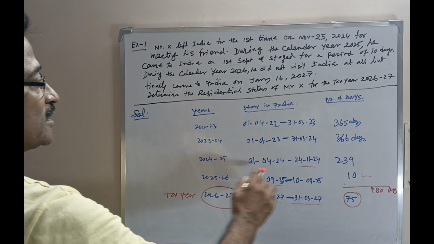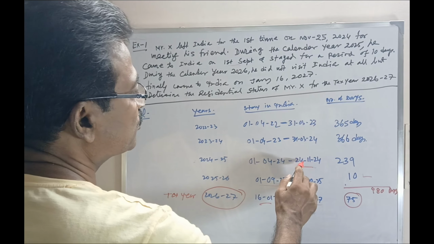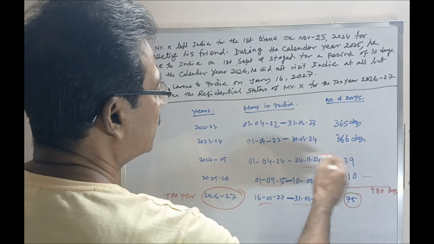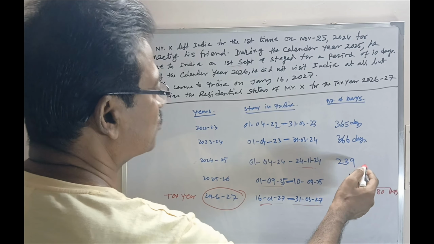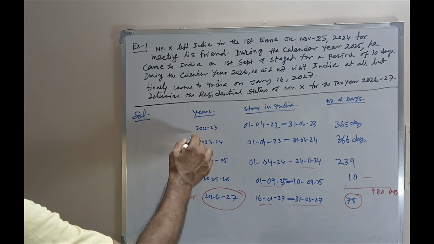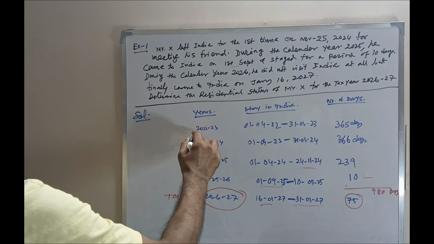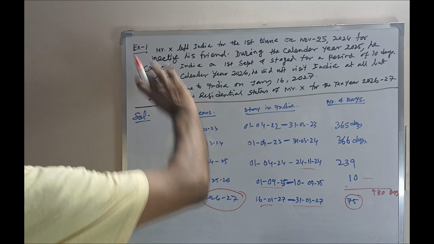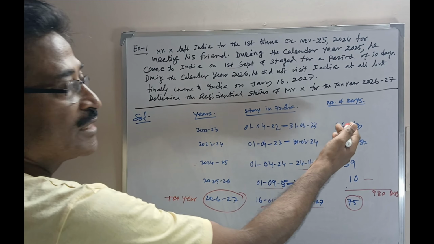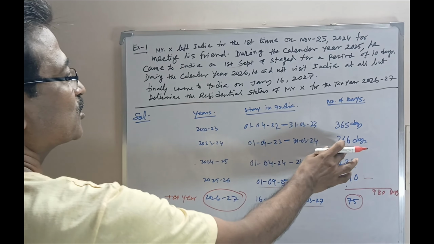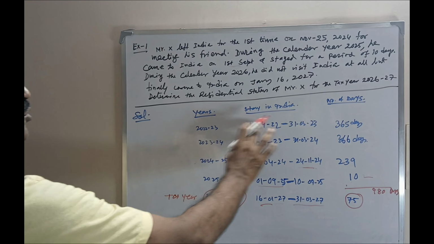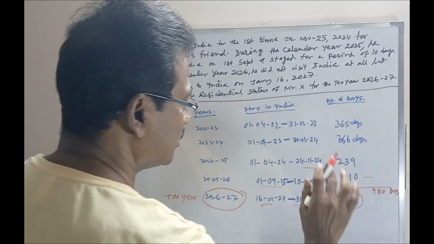If you count it, it will come to 239 days. And in the other 2 years, he was in India throughout. So in this year 366 days and in 22-23, 365 days he is in India.